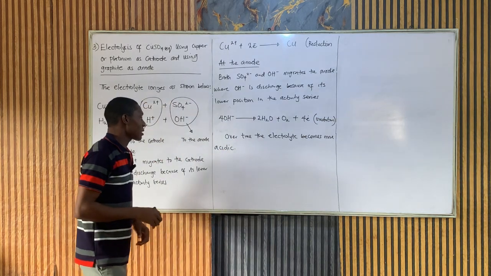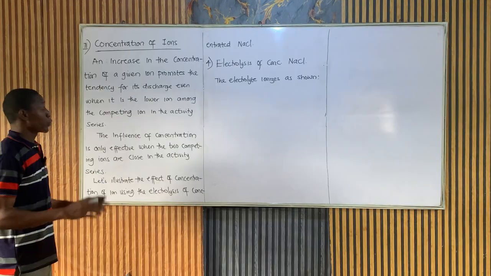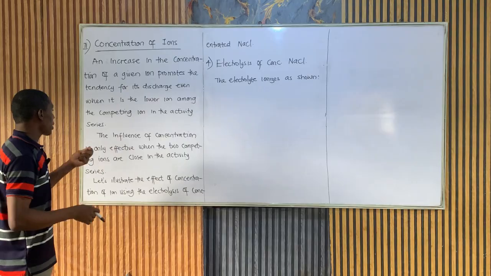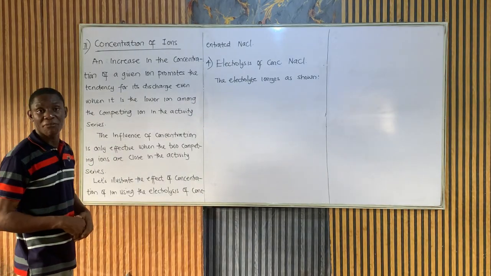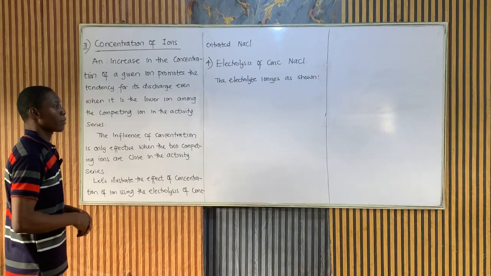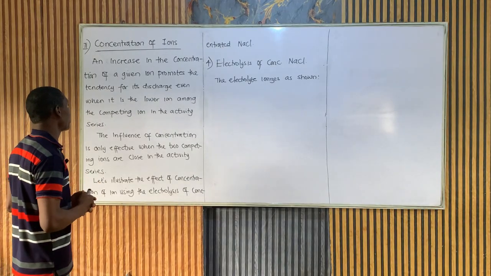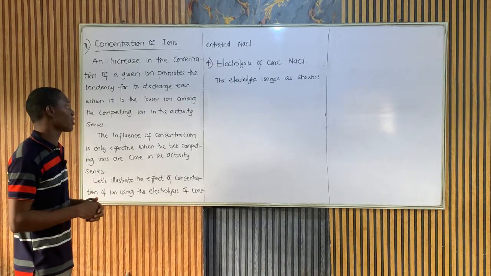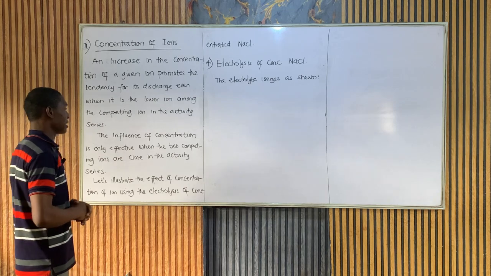So that's that about that. Another factor that influences the discharge of ion during electrolysis is concentration of ions. You see, an increase in the concentration of an ion promotes the tendency of that ion to be discharged, even when it is not the lower ion in the activity series.